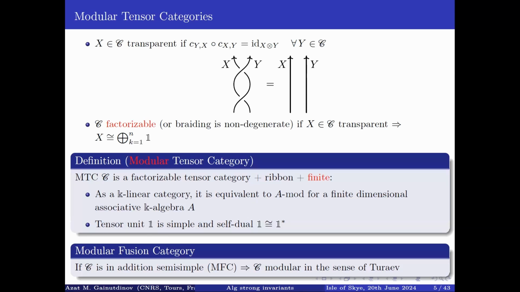Essentially, using your ribbon data, you calculate the invariant of your Hopf link colored by your simple objects, say Xi, Xj, you get a matrix of dimension the number of isoclasses of simples. If this matrix is invertible, you call the category a modular fusion category. And this condition is equivalent to triviality of transparent objects.